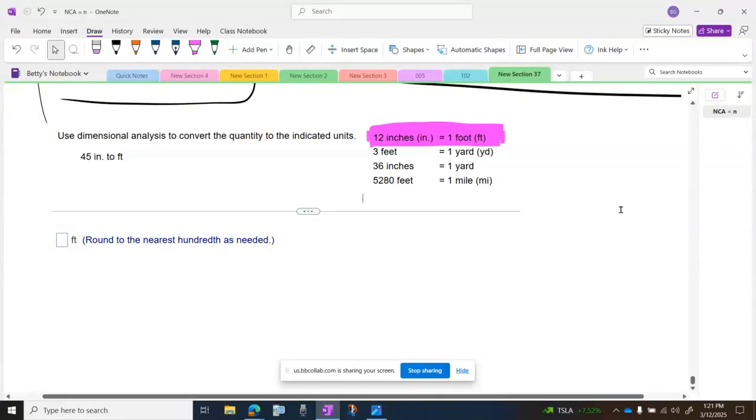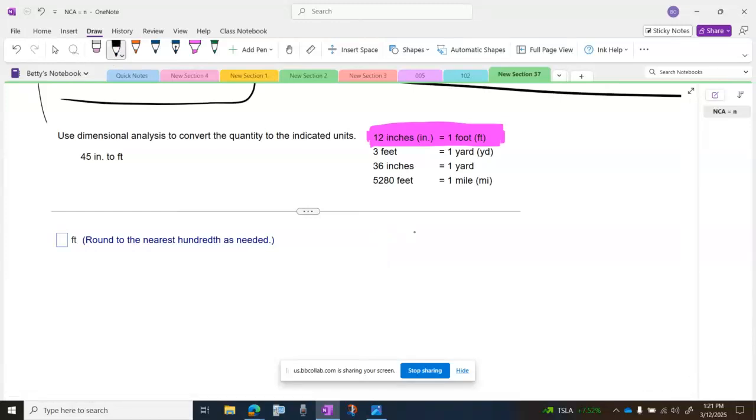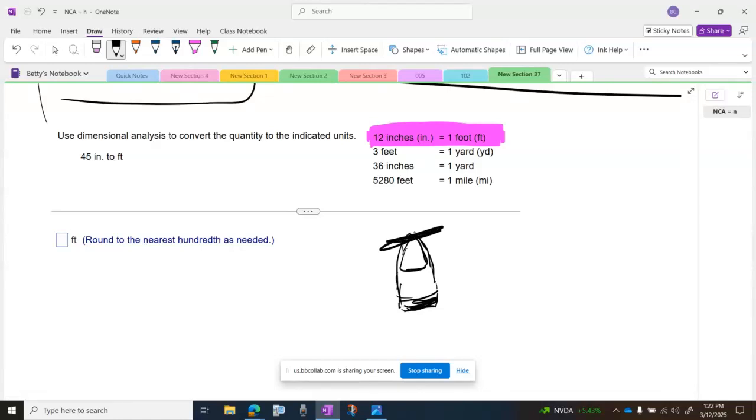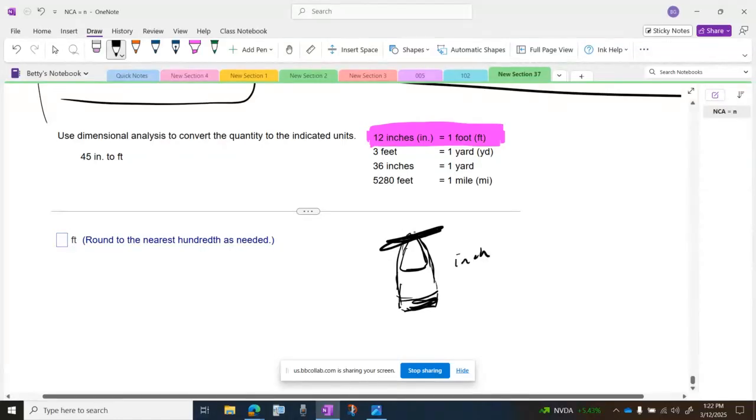And how long is an inch? Look at your thumb. Of course, I don't think we all have the same size hand, so just approximately. From the tip of your thumb to the first knuckle of your thumb, that is about 1 inch.